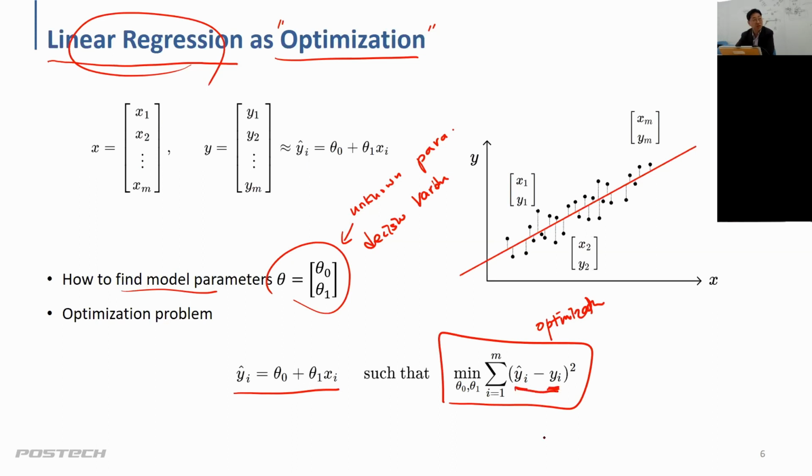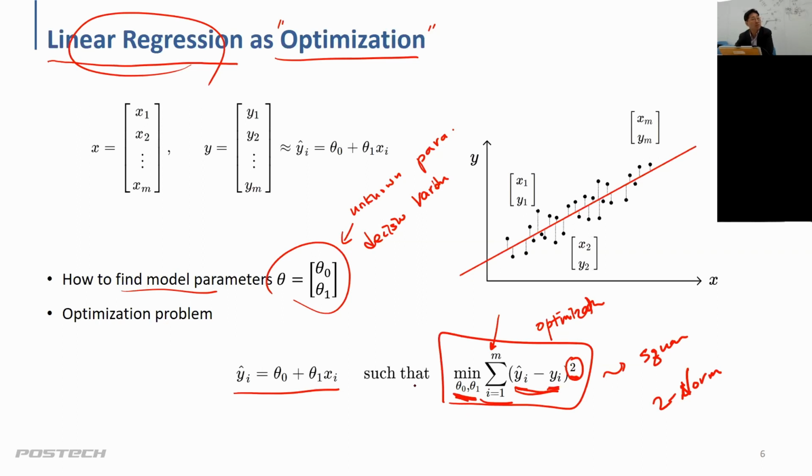There will be the distance or error or discrepancy, and I decide to square it. This is related to the squared two-norm. And since we have m data points, I sum over the entire data points. I want to minimize this squared discrepancy by finding good values of theta naught and theta 1.